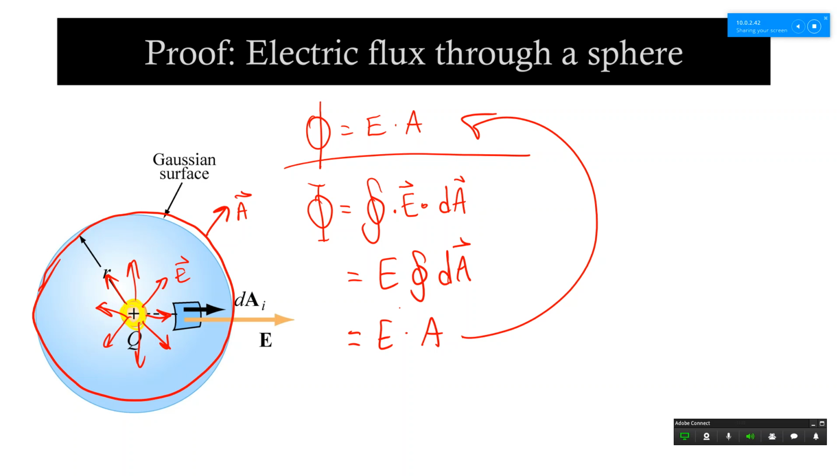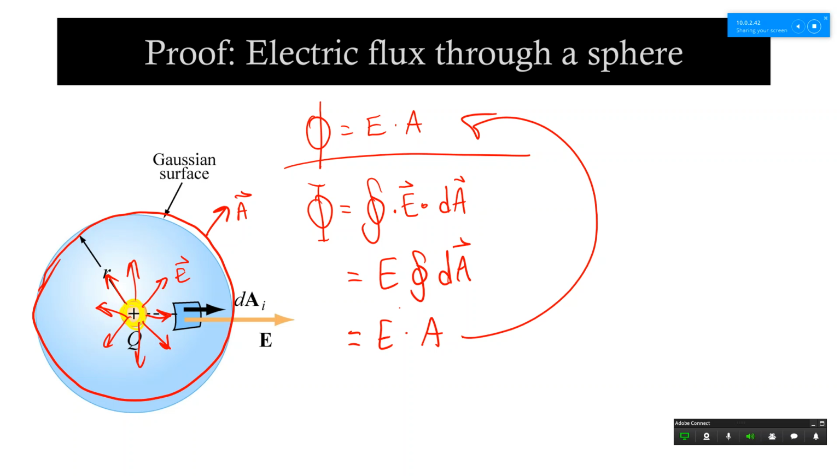But because we chose what we call this Gaussian surface to be conveniently equal in terms of its surface area vector all around, it makes the math that much easier. Okay, and this is going to be very important when we move on to know what a Gaussian surface is. We'll do some practice.